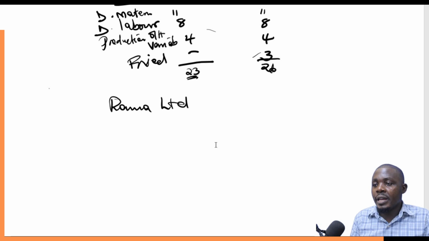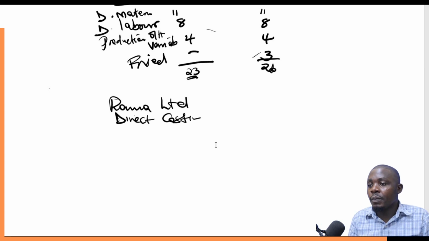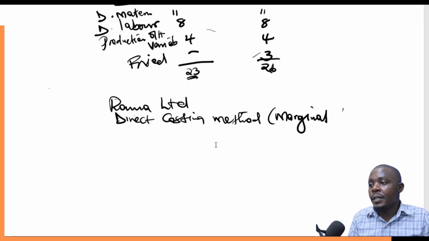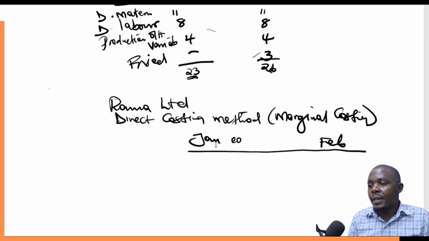We have the direct costing method, in bracket, let me just put marginal costing. We have January, and then we have here the Feb. They're in thousands.